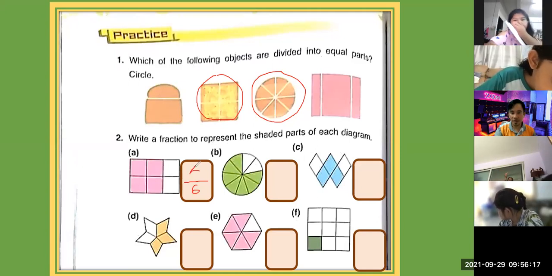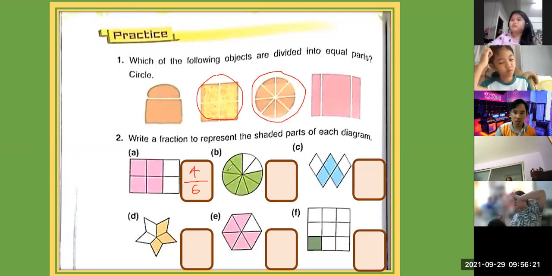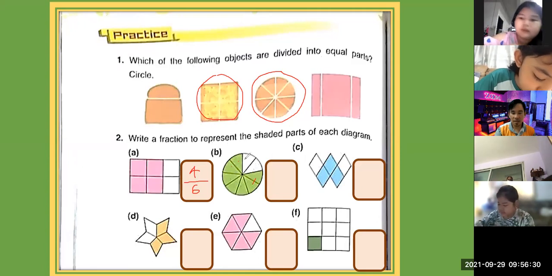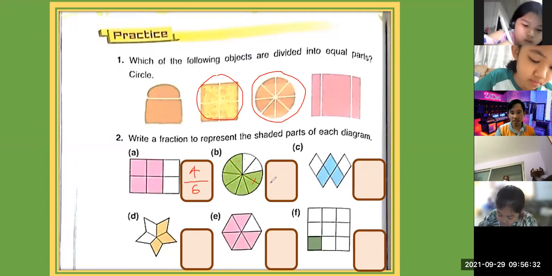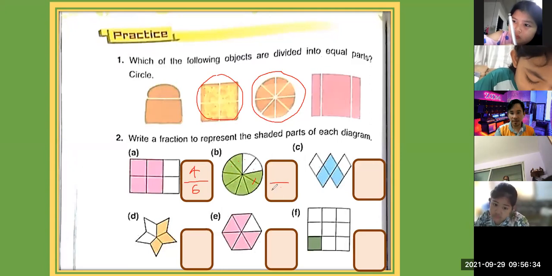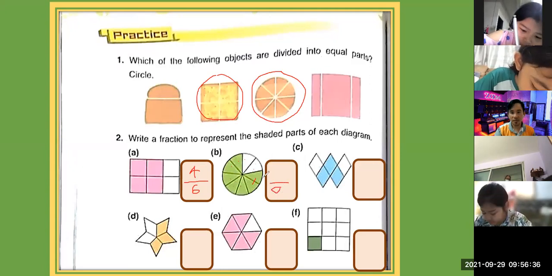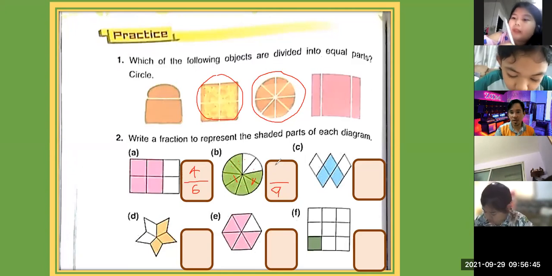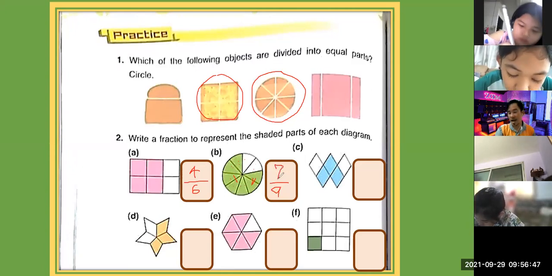Here, how many parts? 1, 2, 3, 4, 5, 6, 7, 8, 9. So you write here 9. 7 parts were shaded. So that is 7 over 9.